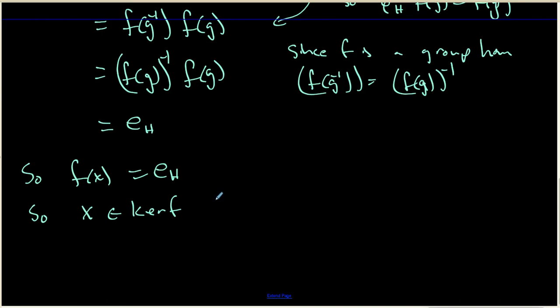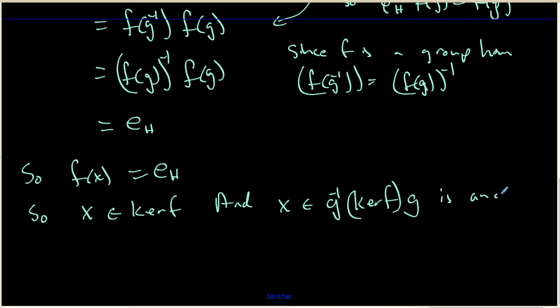And what I want to remember is that x was an element of g inverse times the kernel of f times g. In fact, this guy was an arbitrary element of that set.